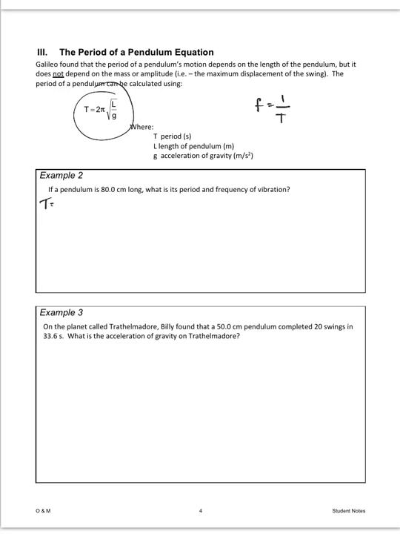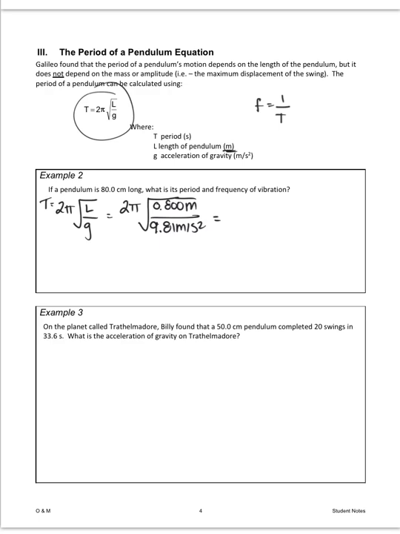All right, so T equals 2 pi square root of the length of the pendulum all over g. So we get 2 pi. Now L must be in meters, so we're going to convert that to 0.800 meters, and divide by the absolute value of gravity, 9.81 meters per second squared.